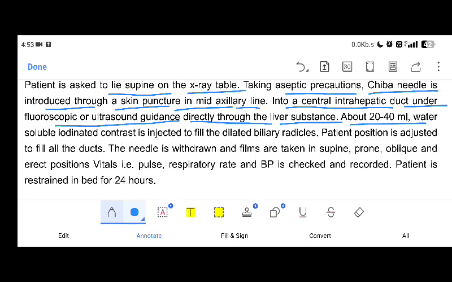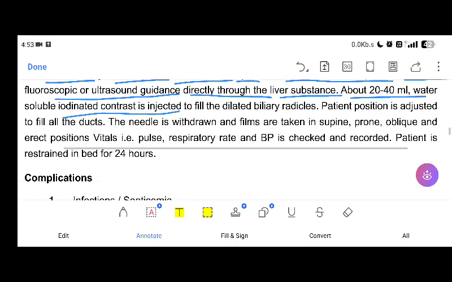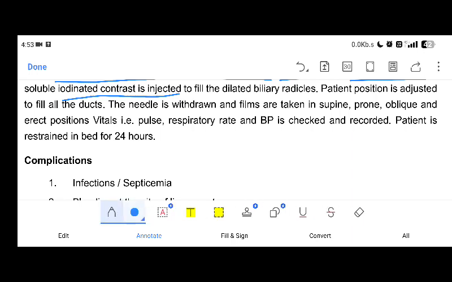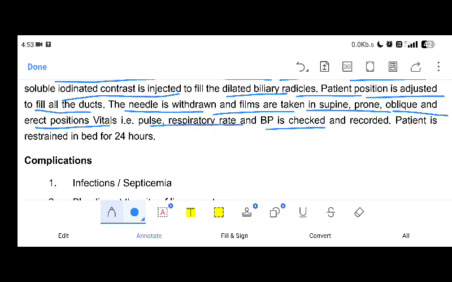About 20 to 40 ml of water soluble iodinated contrast is injected to fill the dilated biliary radicals and the patient position is adjusted to fill the ducts. The needle is withdrawn and films are taken in supine, prone, oblique and erect positions. Vitals, pulse, respiratory rate and BP are checked and recorded. The patient is restrained in bed for 24 hours.